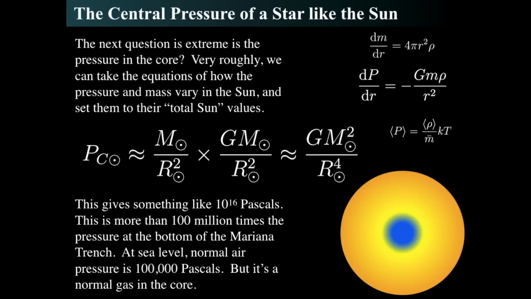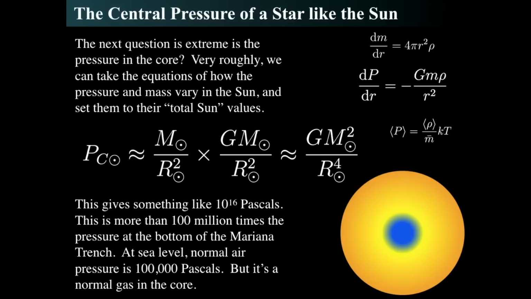That's roughly where that comes from, and that comes from the stellar structure equations we see on the upper right. And given that, it tells us that the central pressure of the sun is something like 10 to the 16th pascals, or 100 million times what it is at the bottom of the Mariana Trench. And normal air pressure is about 10 to the 5th pascal, so that's pretty dense.